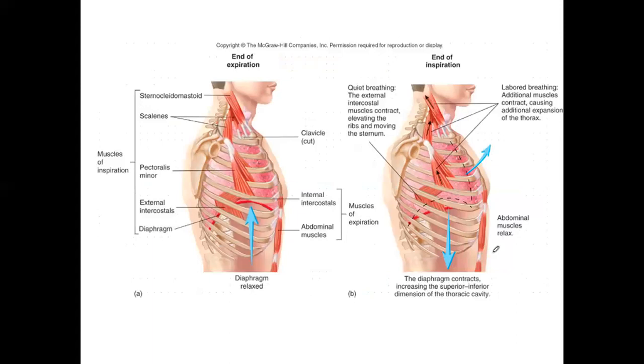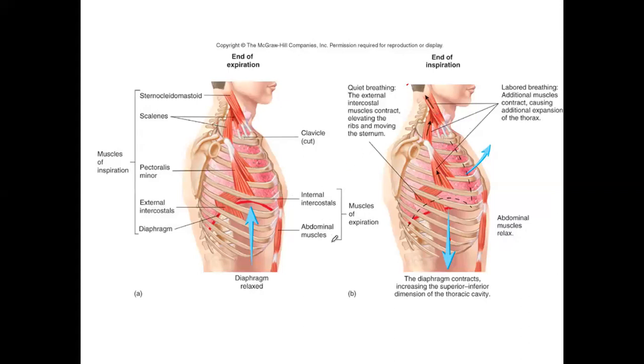So here's a side-by-side comparison. This is the end of inspiration. The diaphragm has contracted, your external intercostals have contracted, and the accessory muscles when you're taking a deep breath would be your pecs, your scalenes, and your sternocleidomastoid.